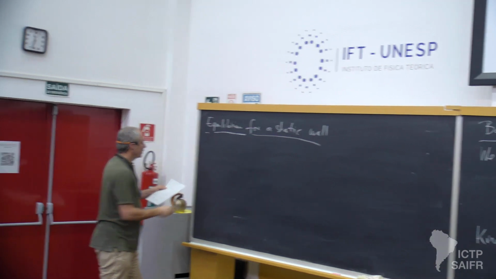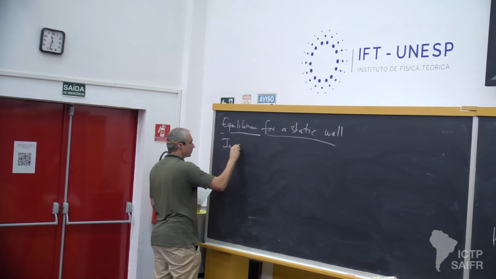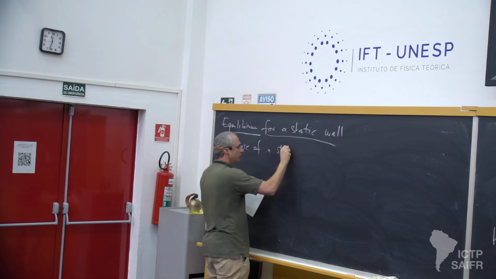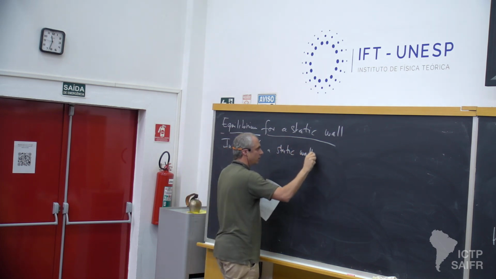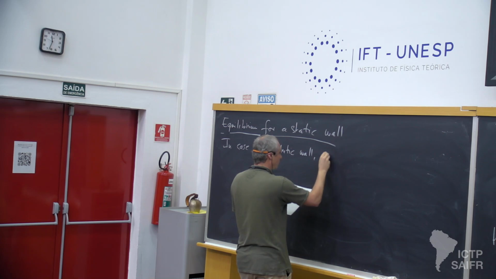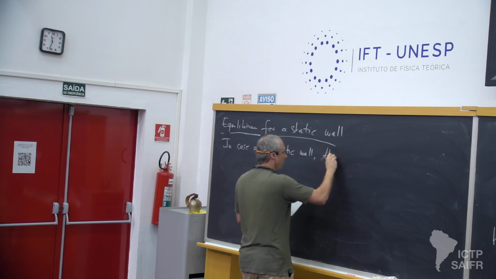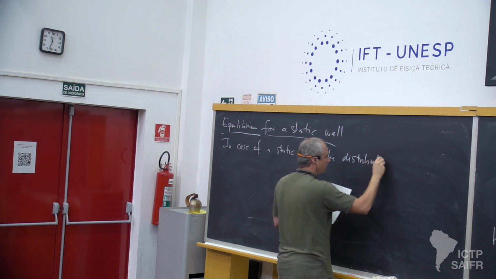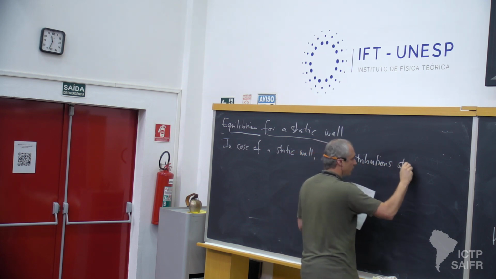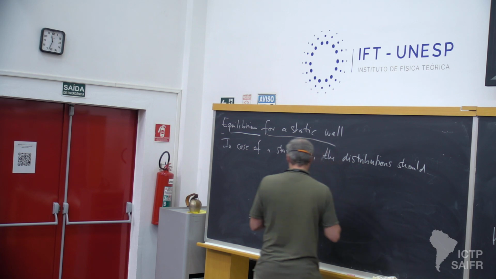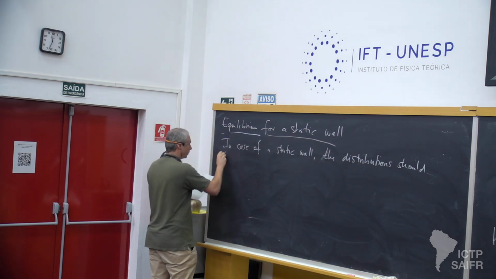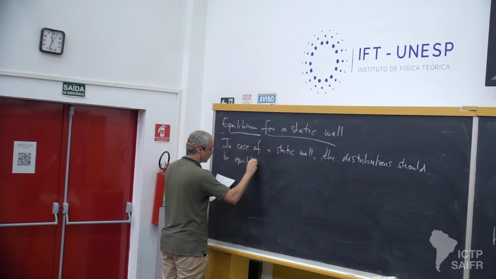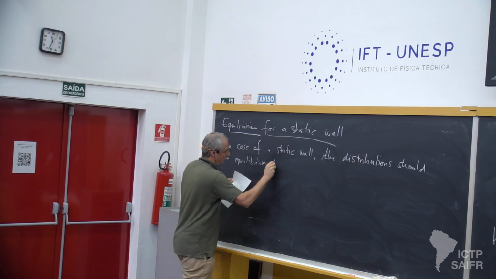Okay, so in case of a static wall, the distributions are equilibrium distributions.